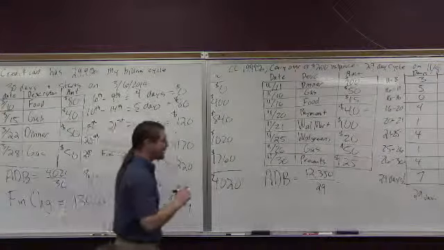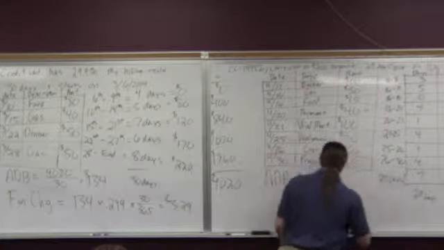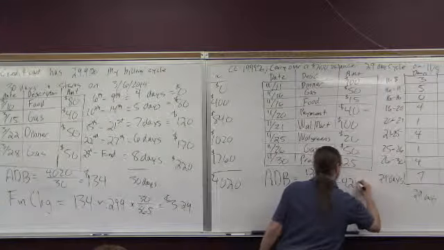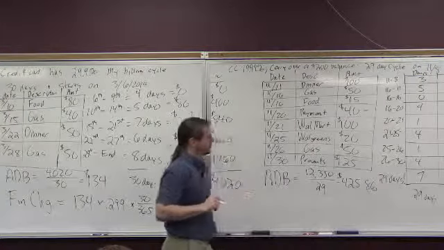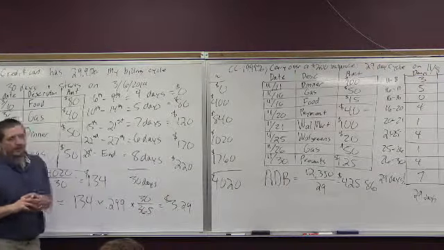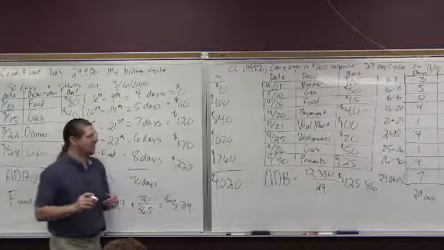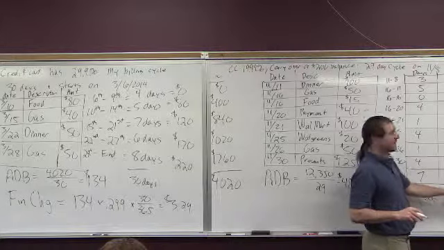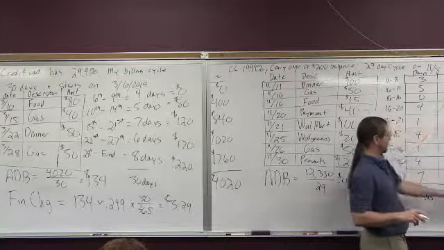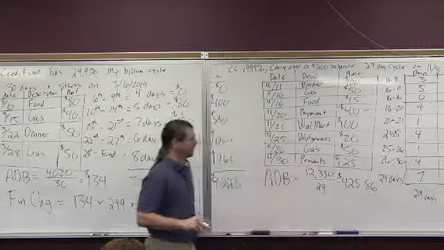What was my average daily balance? 425.86. Again, make sure that that number makes sense, right? Remember that our ending balance was $620, so we know we've got to be somewhere between 200 and 620, and we're there. That's reasonable.